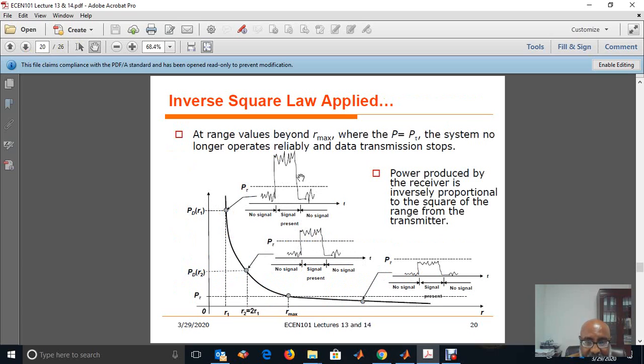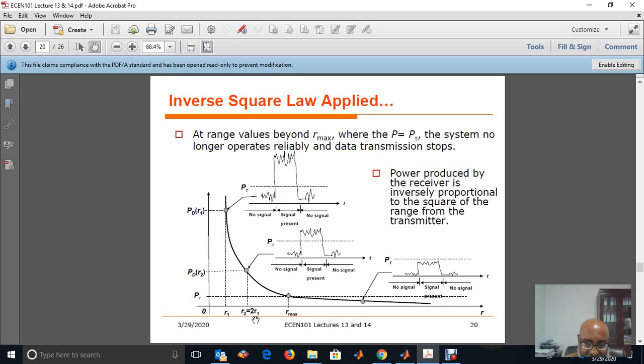Now, as I said earlier, there is a threshold power that is important for communication between the transmitter and the receiver, and it determines the range. Here, for example, is a power delay profile showing that the power decays exponentially with distance. At this point, this is the received power. When the signal is present, it is well above the threshold, so it can be detected correctly.